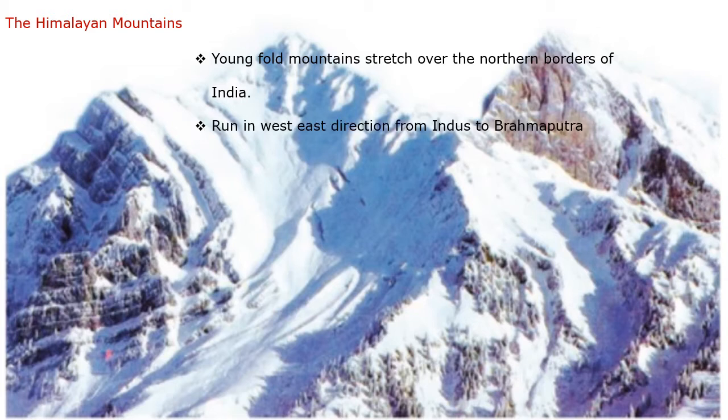So actually, where are these Himalayas? We said it is in the north direction. In the north direction, it runs from west to east, that is from the Indus River, which is located in the west, to the Brahmaputra, which is towards the east.